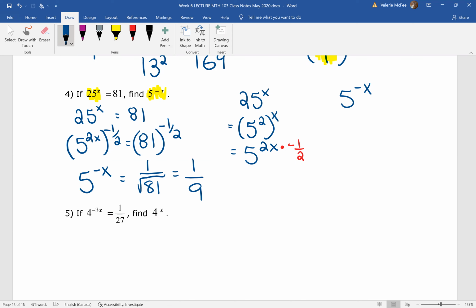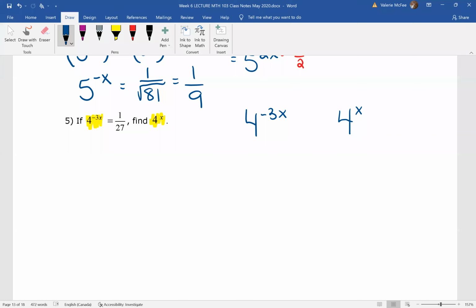Why don't you give question 5 a try? So we're starting with 4 to the power of -3x. We want 4 to the power of x. So again, we're going to multiply, this time by -1/3. -3 times -1/3 will give me 4 to the power of x.